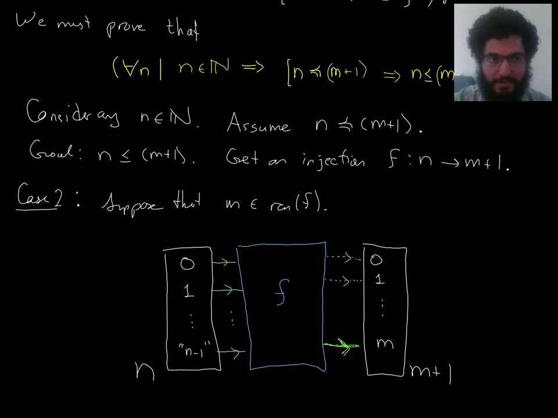Remember, m is, if I just scare quotes m minus 1 there, m would be this set, the set with these elements. That would be m, right? So having this arrow here is definitely an obstruction to cutting myself down to a situation where I have an injection to m.